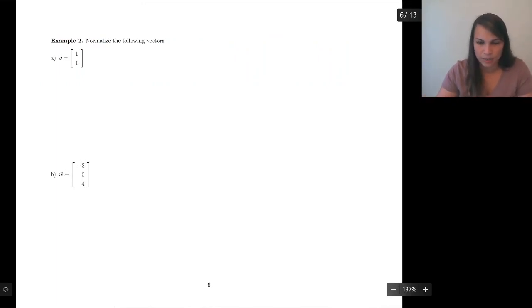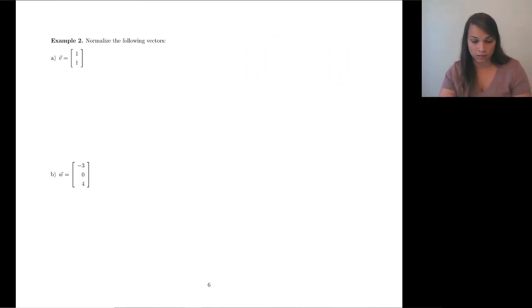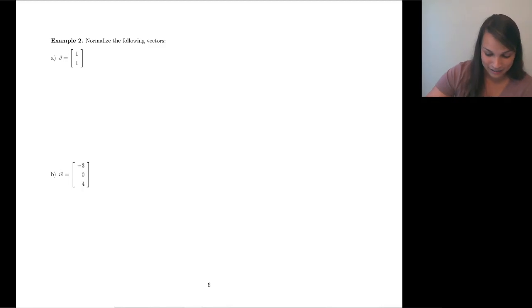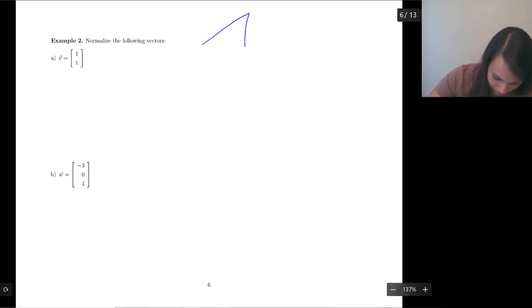So let's say we have v is equal to (1, 1). I always thought it was kind of weird. It makes sense that the length of the vector isn't 1, but inside, I want it to be 1, guys. I really do. But here you go. That's what vector v looks like.